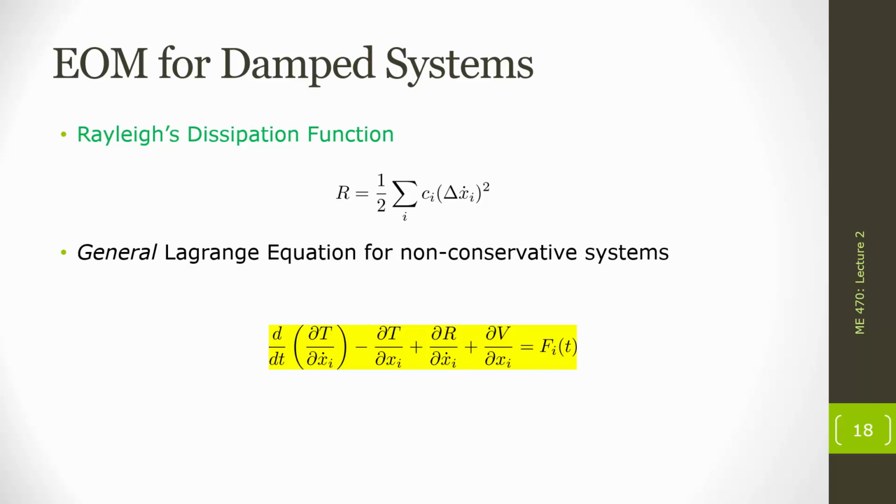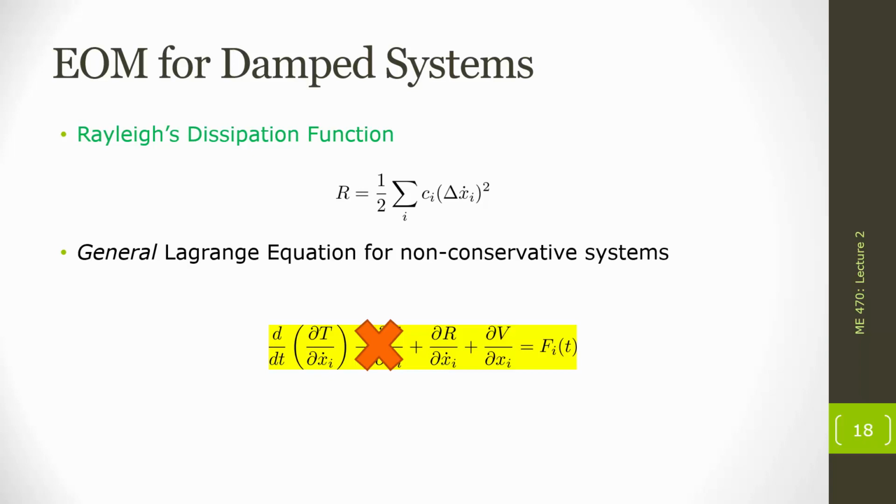It will typically only have x dot terms, or first time derivative terms. So almost always that term is going to be 0. But just be aware, if you get to a more complicated type of system where you have kinetic energy that is dependent on velocity and position, we do need to account for that second term when we are deriving the equation of motion. But in this course, typically that's going to be 0.